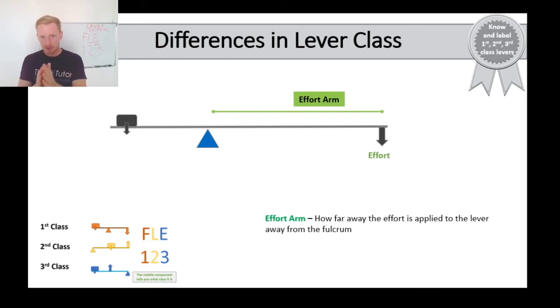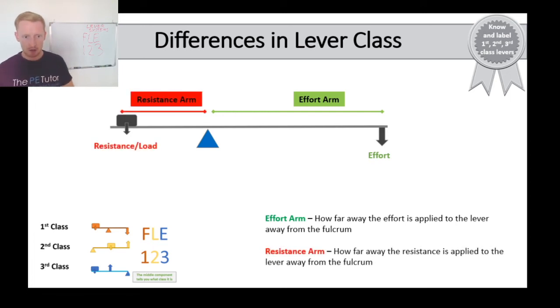Now, the effort arm is the distance from wherever the effort is applied on the lever to the fulcrum, to the pivot. And the resistance arm is from wherever the load starts, the center of mass of the load or resistance, to the fulcrum or the pivot point.